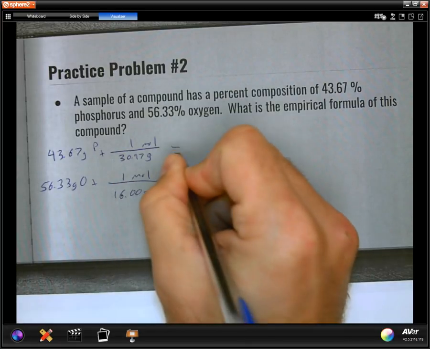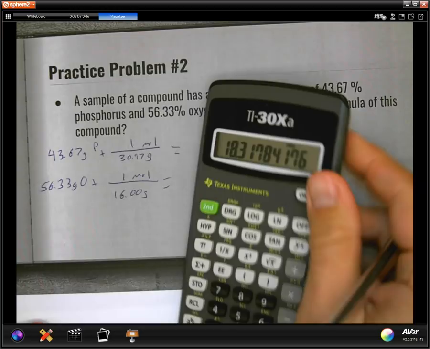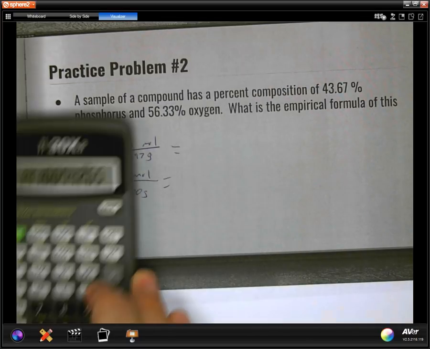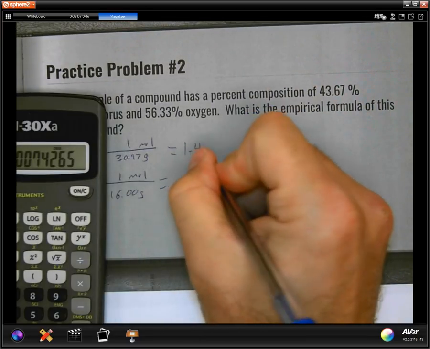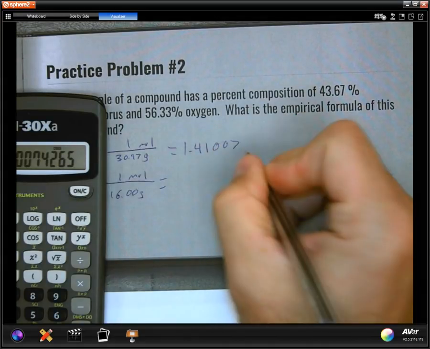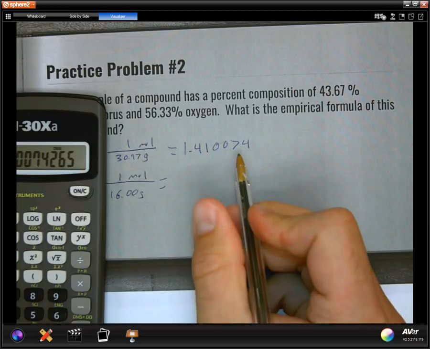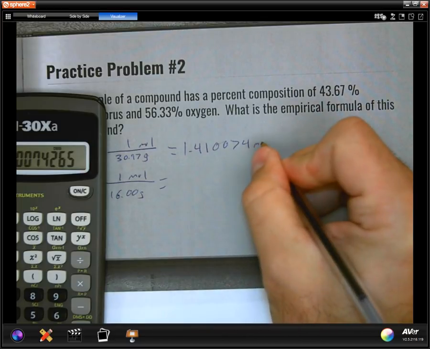When I put that in my calculator, 43.67 divided by 30.97, you're going to get 1.410074. Notice how I went out to 6 decimal places here. It's just going to help you keep your answer precise.